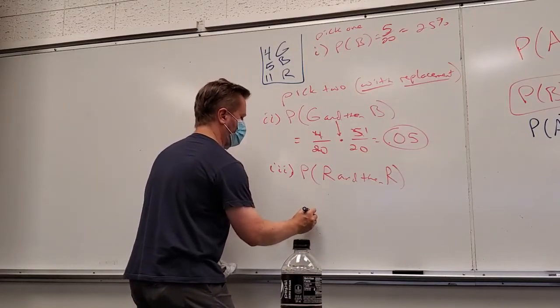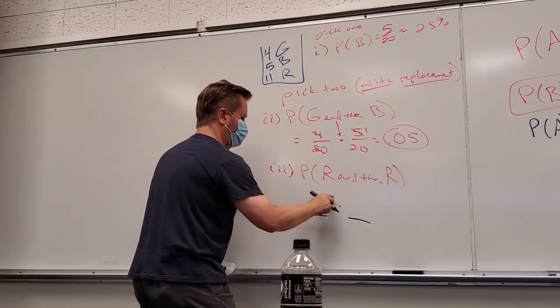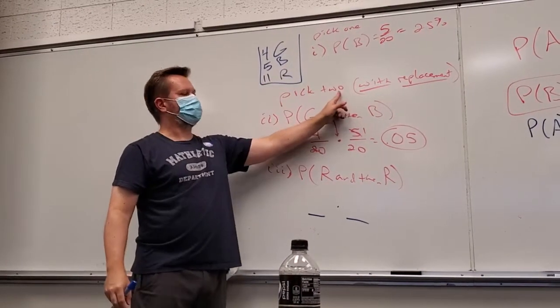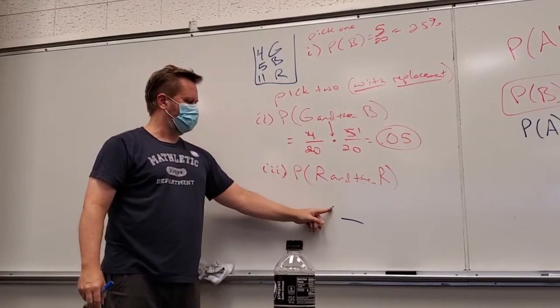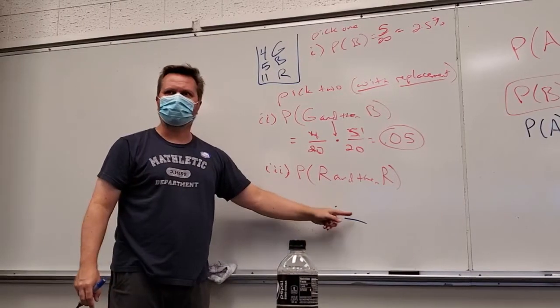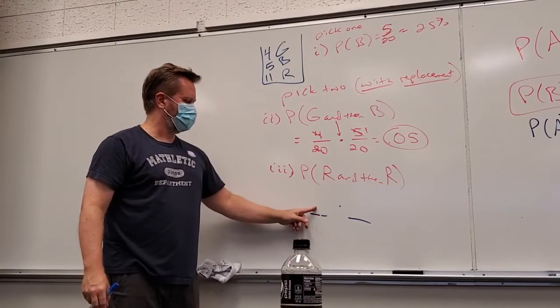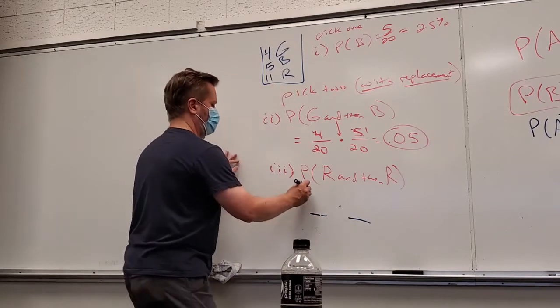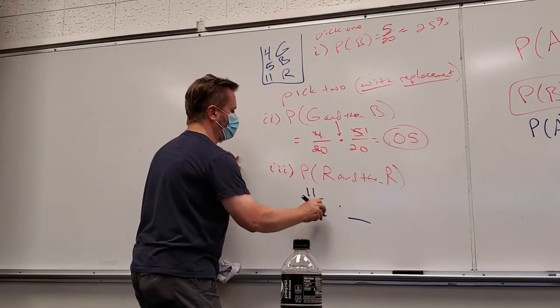So what I always like to do is a little hangman game. I'm doing 2 things, right? I'm doing 2 picks. So first pick times second pick. So what goes here in the first pick? 11 over 20. Yes. And then of course I drop that one back in.